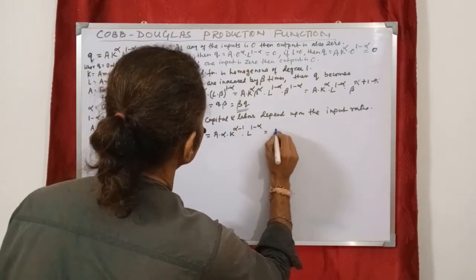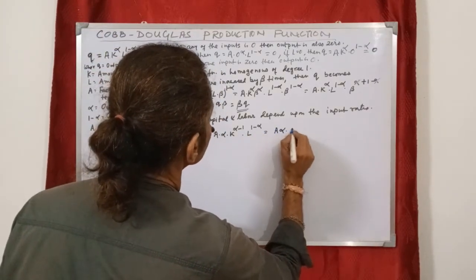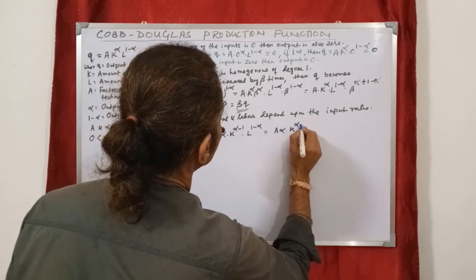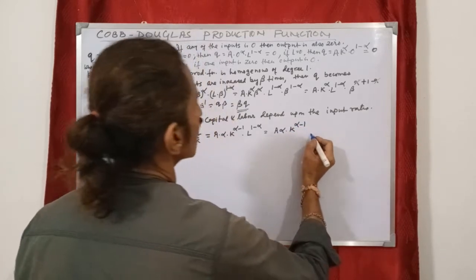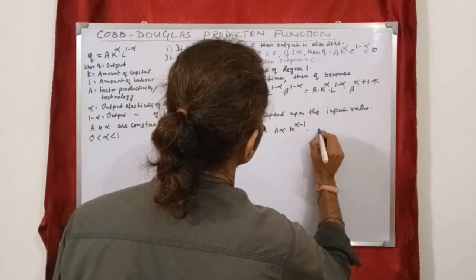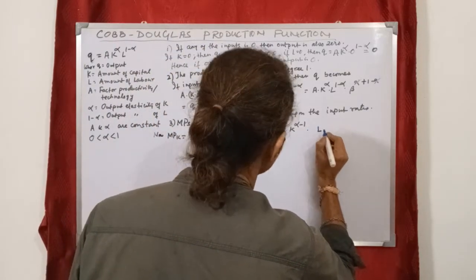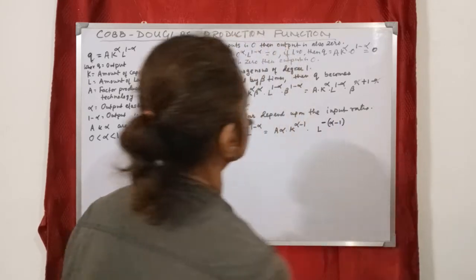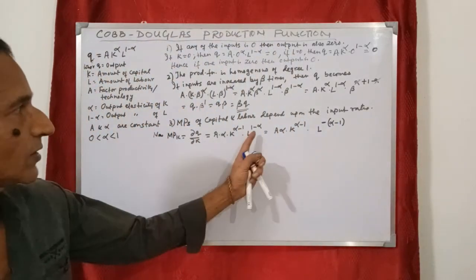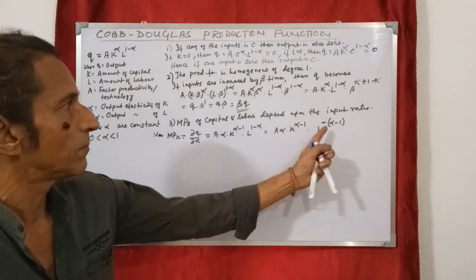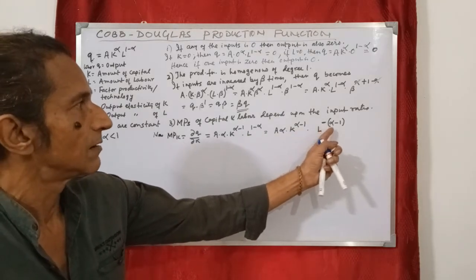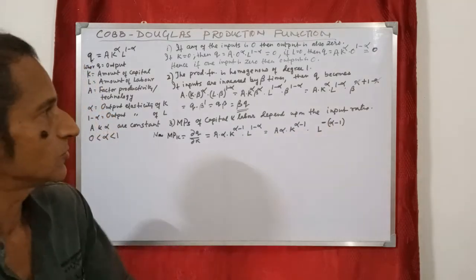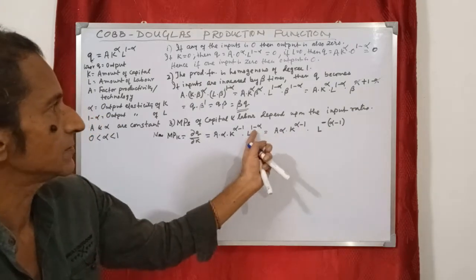So this is equal to A alpha K to the power alpha minus 1 into L to the power minus alpha minus 1. Here it is 1 minus alpha, so you have taken minus within bracket alpha minus 1. So this gives again minus alpha plus 1.